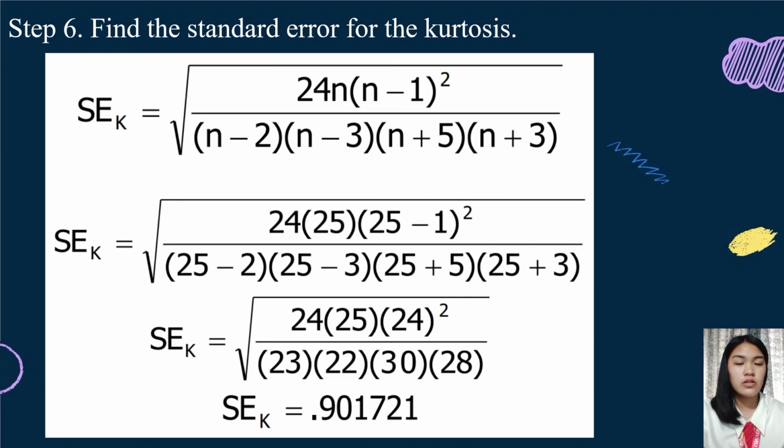We will find the standard error of the kurtosis. So standard error of kurtosis is equal to the square root of 24n times n minus 1 squared divided by n minus 2 times n minus 3 times n plus 5 times n plus 3.